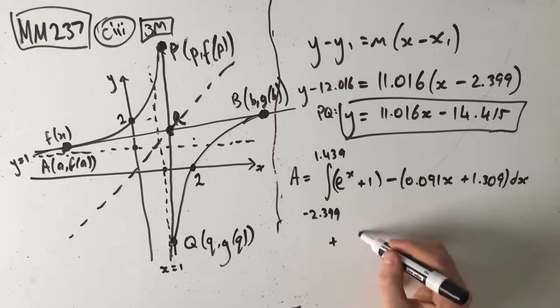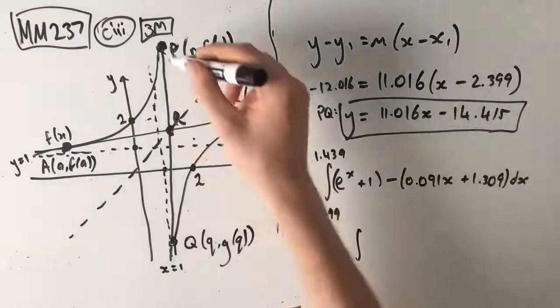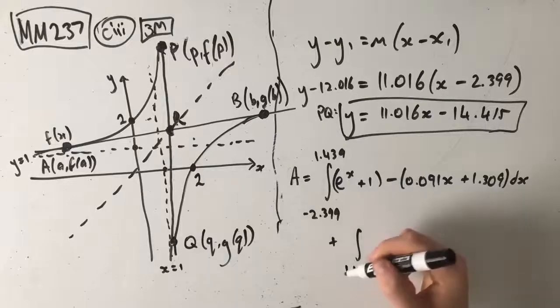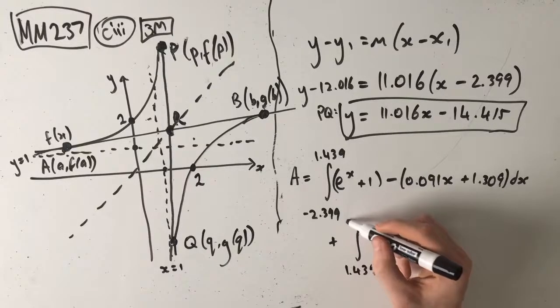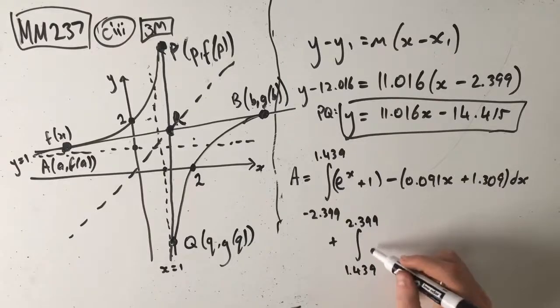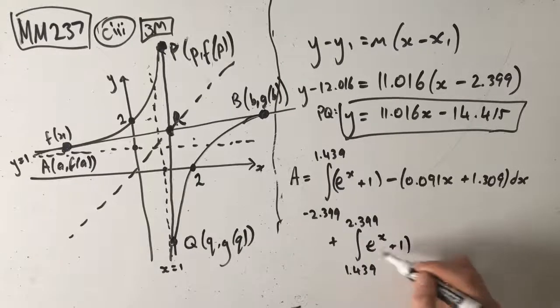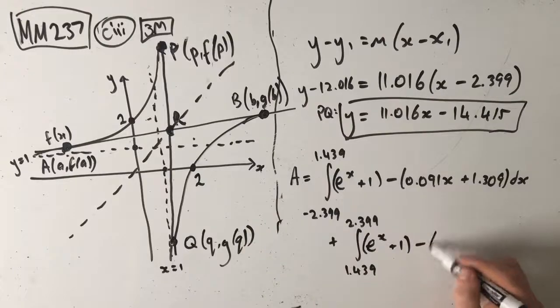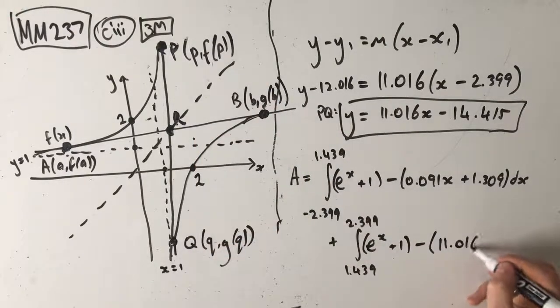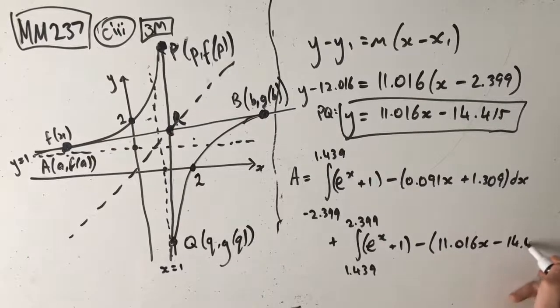So we're going to add from R to P. R is 1.439. P we found to be equal to 2.399, of, again, f of x, so e to the x plus 1, minus our PQ tangent, which is equal to 11.016x minus 14.415, as we found up here, dx.